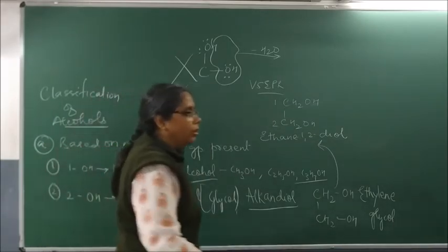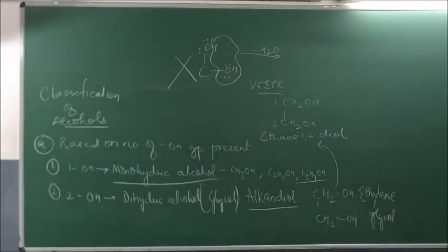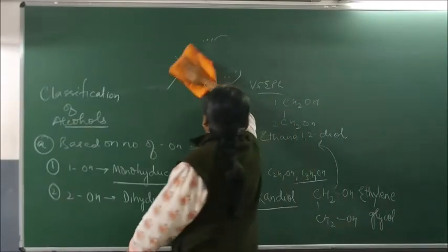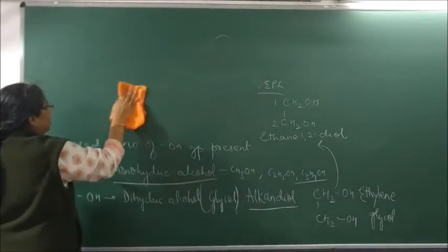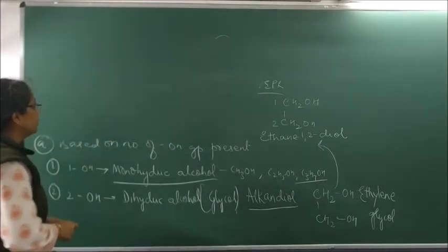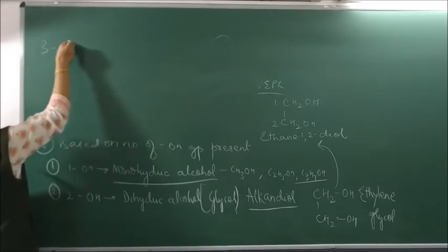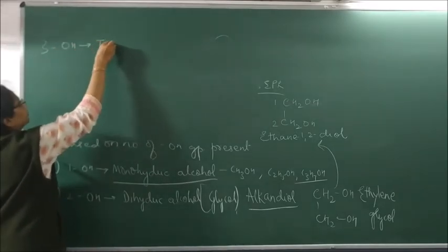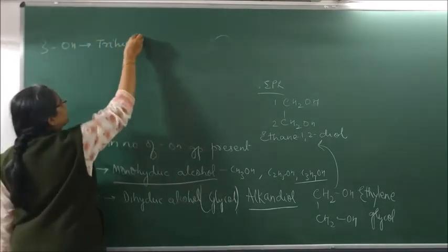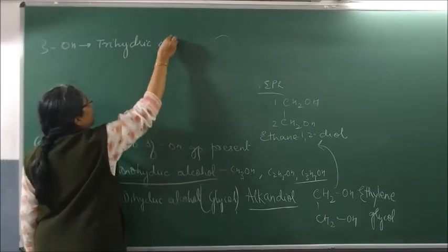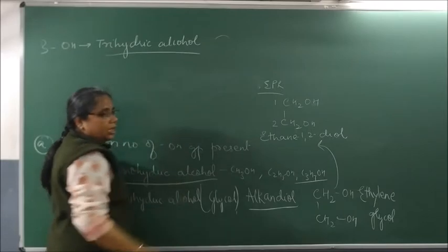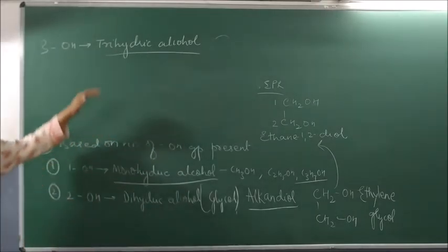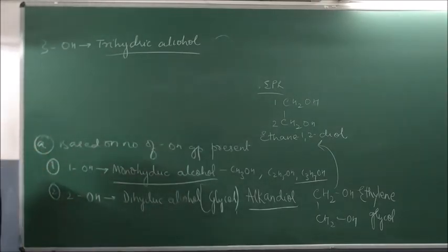Now let us talk about the third example, where there are 3 OH groups present. This is a trihydric alcohol.